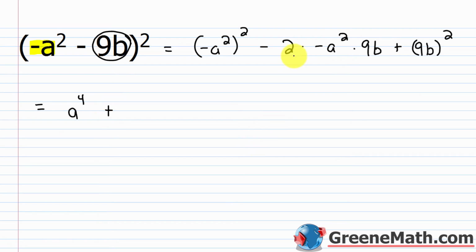And we think about 2 times 9, that's 18. And we'd have a squared times b. So a squared b. Then lastly, we have 9b, that amount squared. So plus 9 squared is 81. B squared is just b squared. So we end up with a to the 4th power plus 18a squared b plus 81b squared.